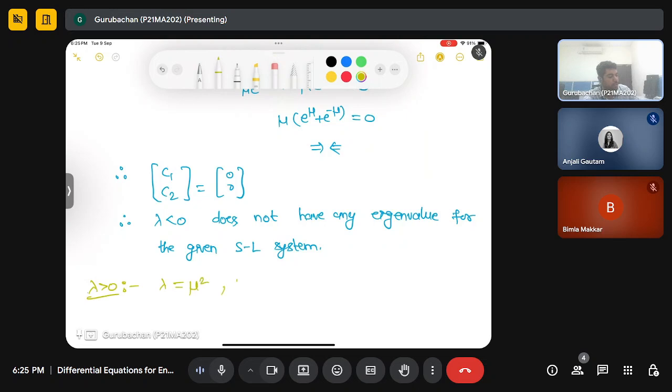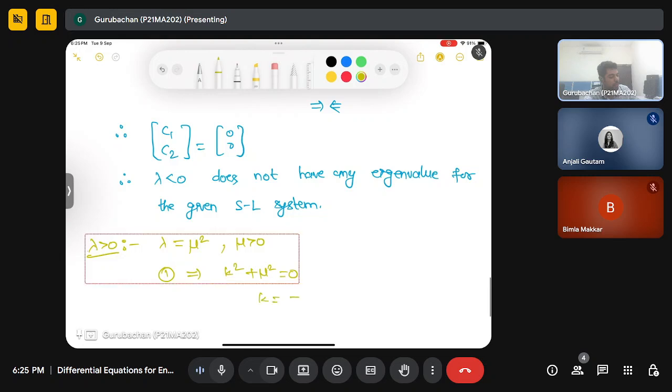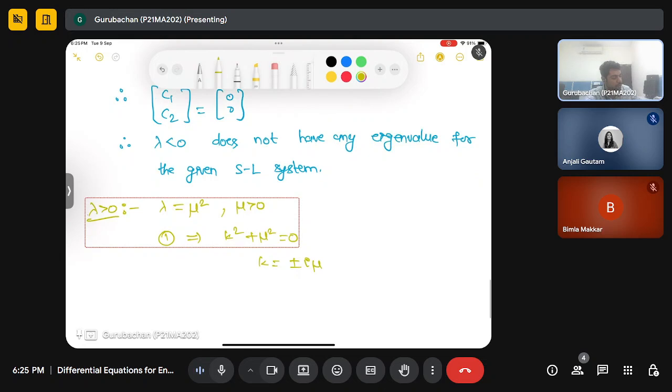Lambda is some mu square type and mu is positive. So your equation 1 will imply that k square plus mu square is 0. Then k is equal to plus minus iota mu. So this will give you the general solution in the form C1 cos mu x plus C2 sin mu x.